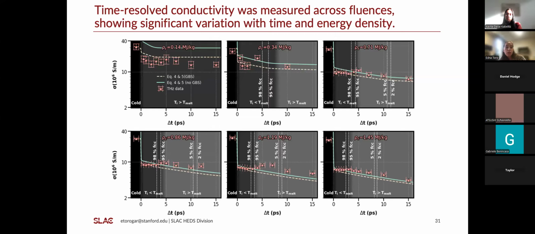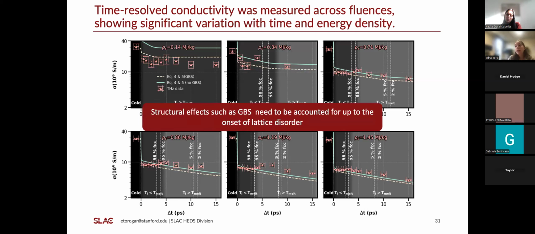So you suddenly go from a system that is bounded by the grain boundary scattering to a system that behaves as if the grain boundary scattering never mattered. So this is really important. This is really cool and really important. And it shows that structural effects, even when they haven't been accounted for in the past, are relevant in the warm dense matter regime and need to be accounted for up to the onset of melting.